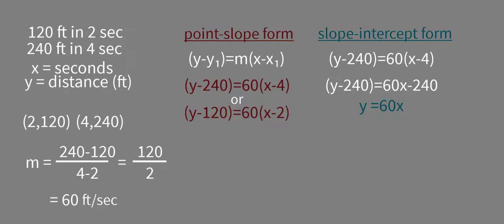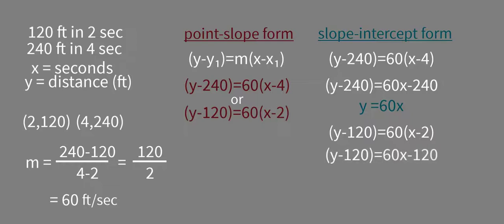Now using the other equation, y minus 120 equals 60 times x minus 2. Distribute the 60, y minus 120 equals 60x minus 120. Add 120 to both sides, and thankfully we get the same equation, y equals 60x.